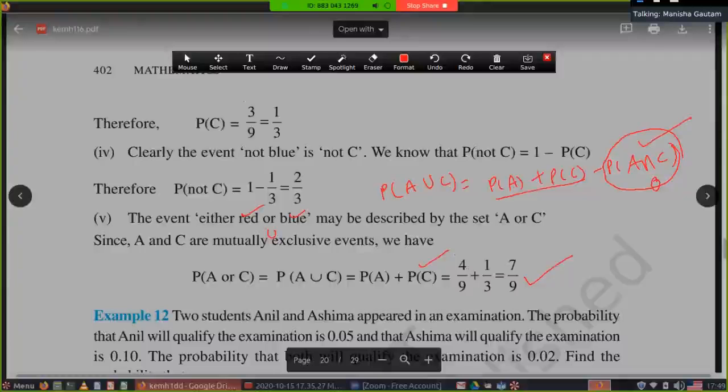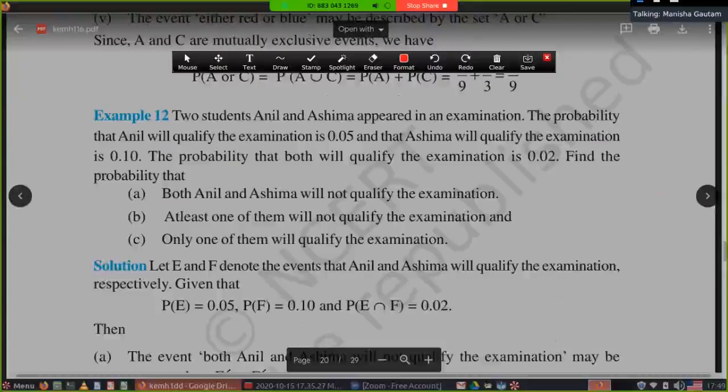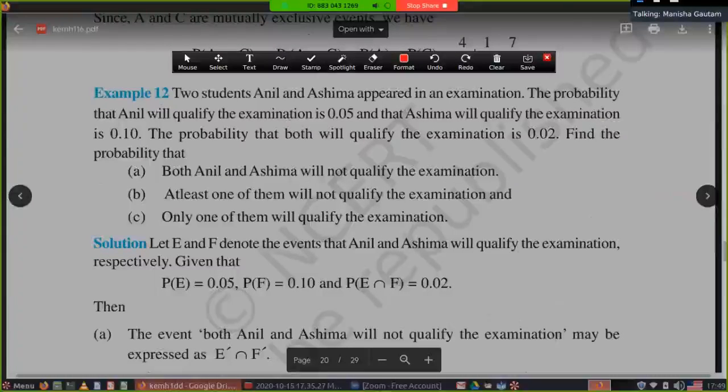Now come to example number 12. Two students, Anil and Ashima, appeared in an examination. The probability that Anil will qualify the exam is 0.05 and that Ashima will qualify the exam is 0.10. The probability that both will qualify the exam is 0.02. Both will qualify means intersection.